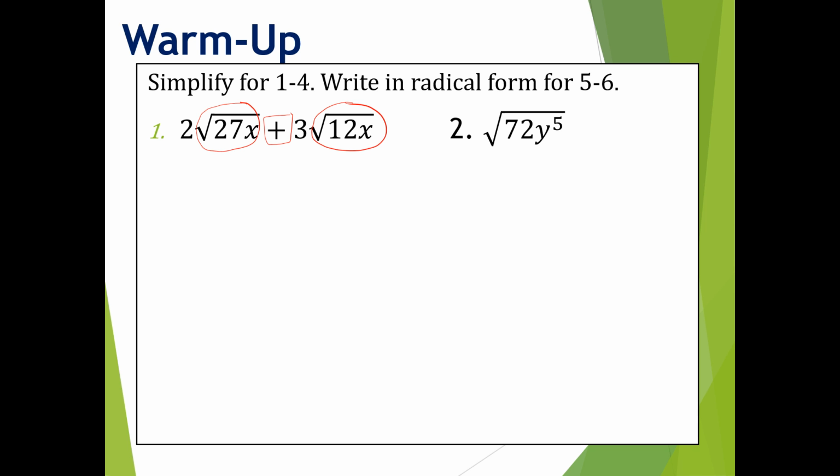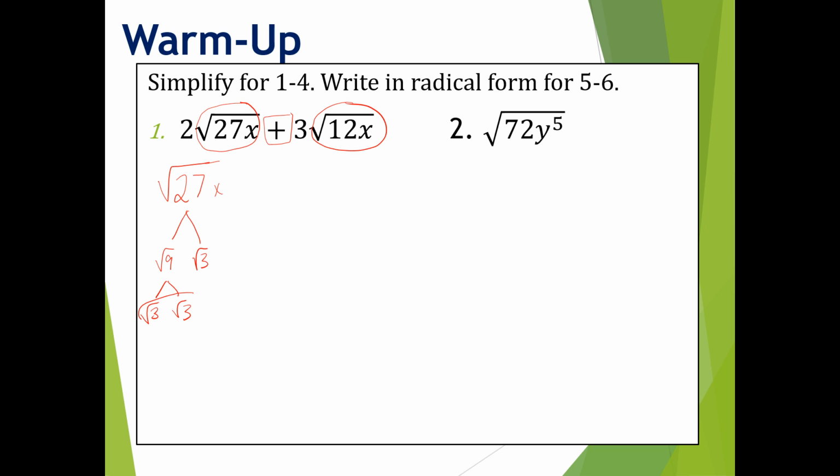So if we have radical 27x, again, we're even going to ignore the x for a second. Let's break down this 27. So we have radical 9 and radical 3, and then we have radical 3 again. If you stopped at the radical 9, radical 3 and recognized that, that's fine.